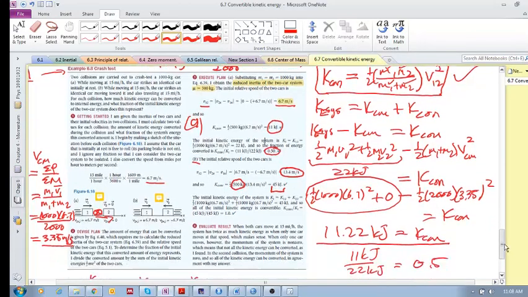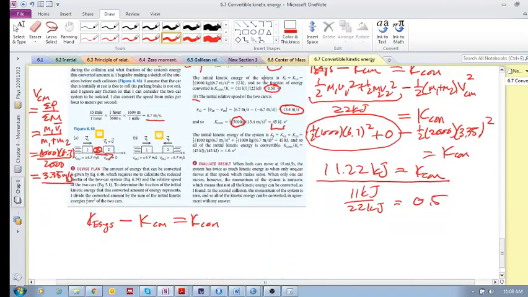Okay, great. Now, what fraction of the total system kinetic energy in the Earth reference frame is this convertible kinetic energy? How are you going to do that? Well, you have to calculate the total.